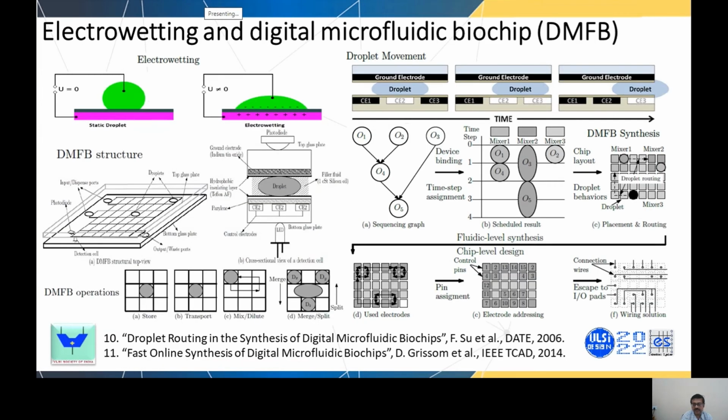Electrowetting is a technique where we can move liquid droplets on electrode grids under the influence of voltages. This has been used to design the digital microfluidic biochip, where we can realize a biochemical lab within a chip.